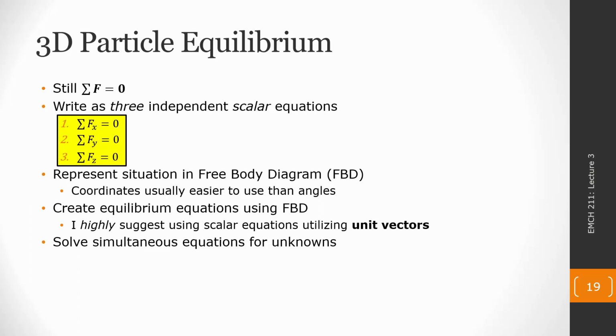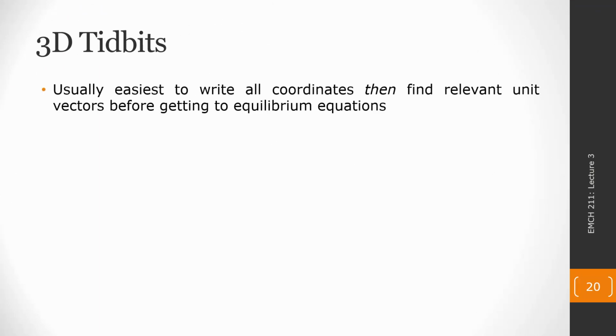So what are some things that arise in 3D that we need to be a little bit cautious about? So like I said, I really want to emphasize this, starting by writing down all the coordinates of important points, like 2 ends where a rope is attached, for example, is really going to aid us in then writing the position vector, and then using that to find the unit vector.